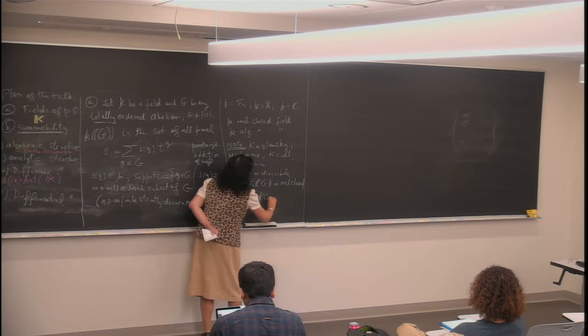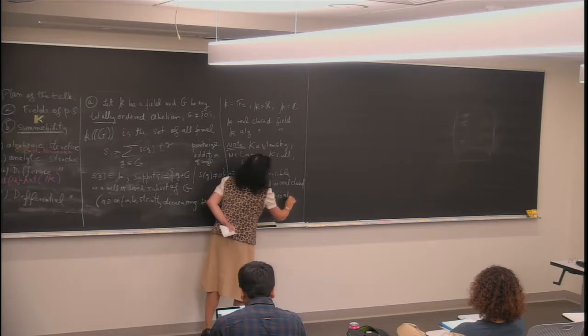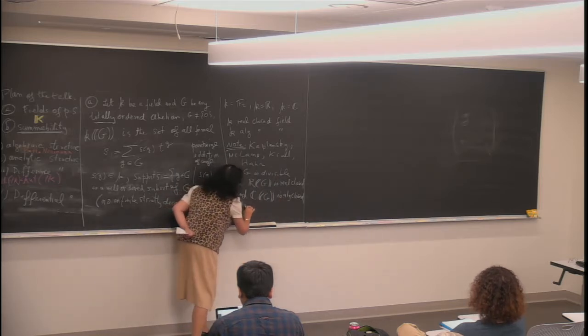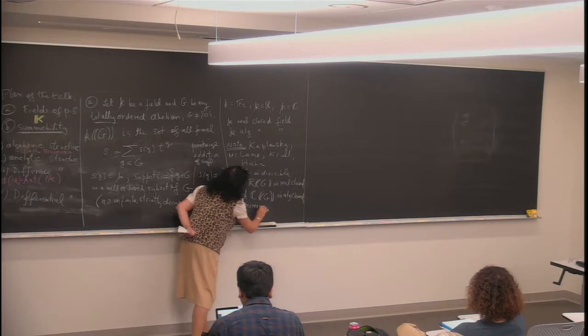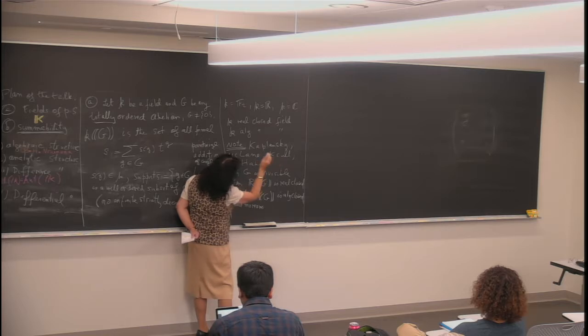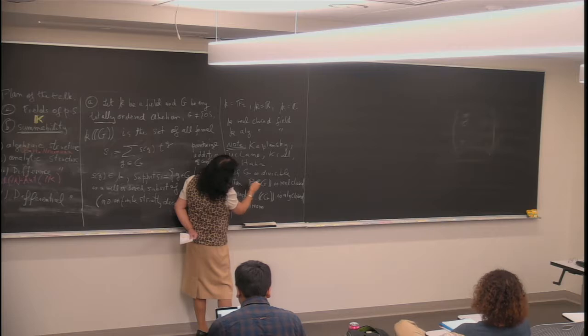I mean, you could also put here instead of R and C, I will stick to the classical fields R and C, but one could express this by saying if the field of coefficients is real closed and the group is divisible, then the field of power series is real closed. If the field of coefficients is algebraically closed and G is divisible, then the field of power series will be algebraically closed. Here I'm expressing them just for R and C.